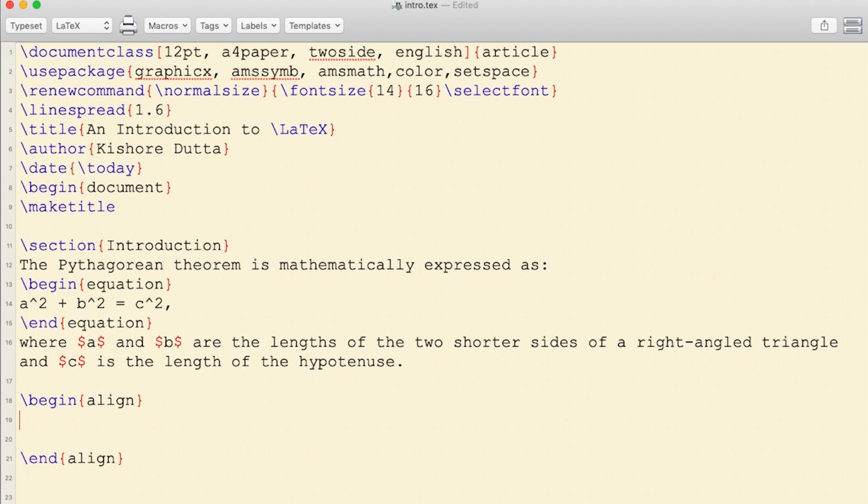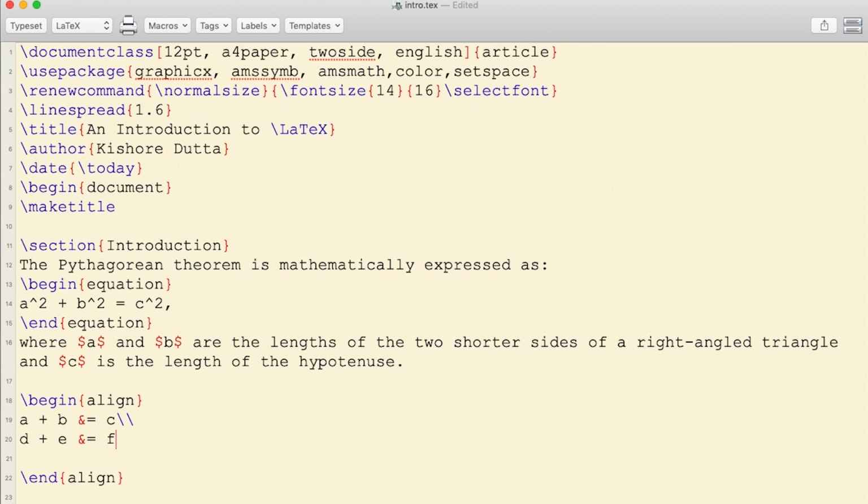I shall write the equations as follows: slash begin align and then slash end align. Within this align environment, I am writing a plus b ampersand equal c, then new line, and then the second equation d plus e ampersand equal f.